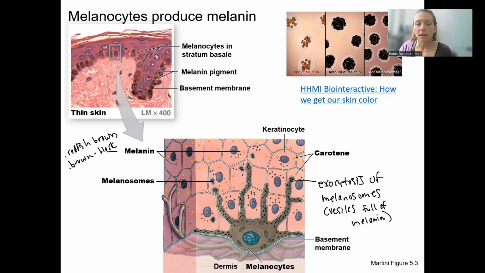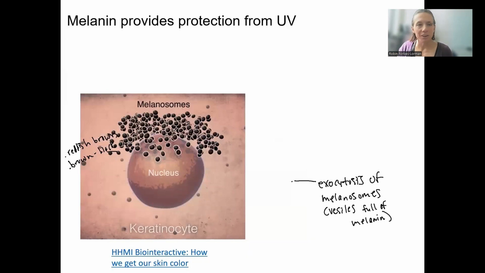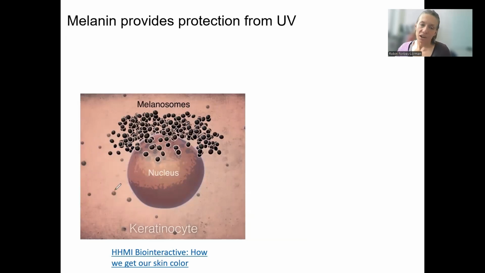Otherwise, I'm going to zoom in now into a different view of a keratinocyte. So this is a keratinocyte that might be next door or nearby. A melanocyte is somewhere around here. This was releasing vesicles. And now those vesicles are providing a little sun hat for this nearby keratinocyte.